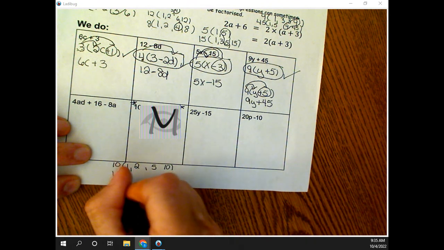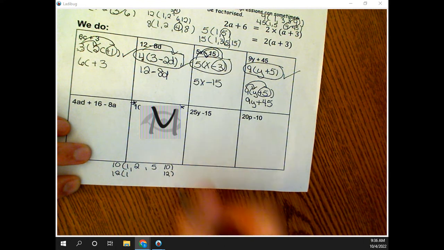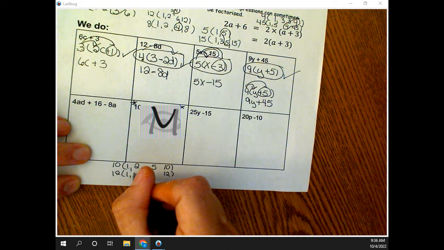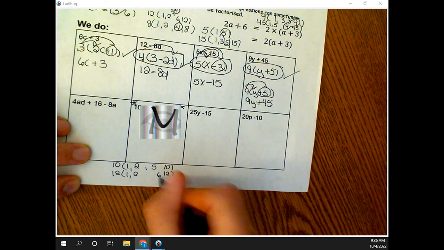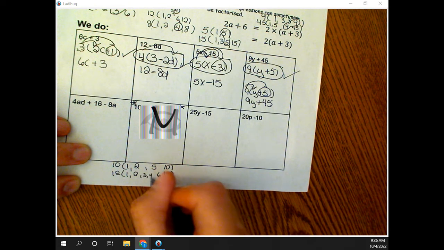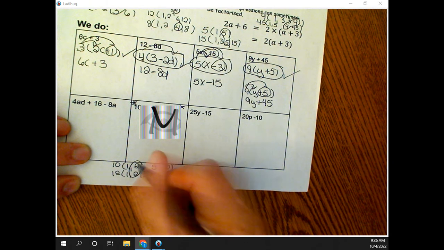All right, for 12, I have 1 and 12. What else do I have? 2 and 6. Perfect. And there should be one more. 3 and 4. So when I look at this, what is my greatest common number? 2. All right.